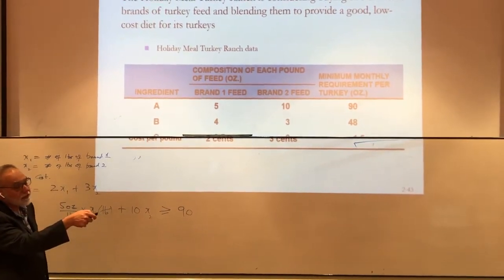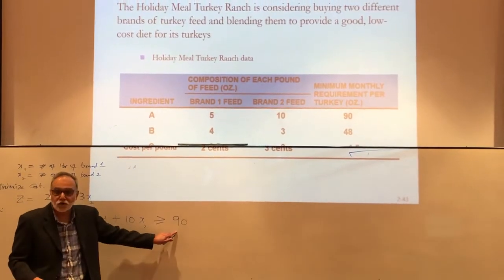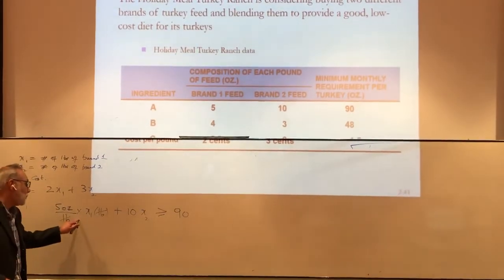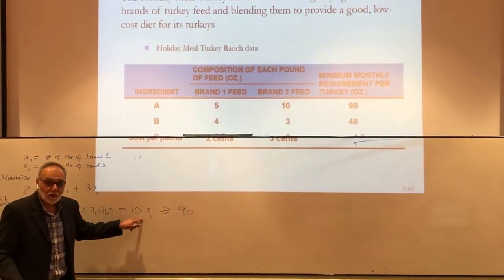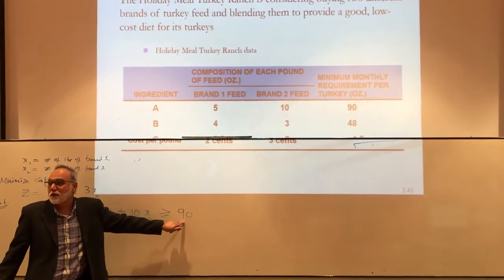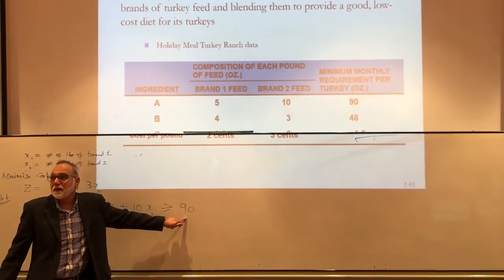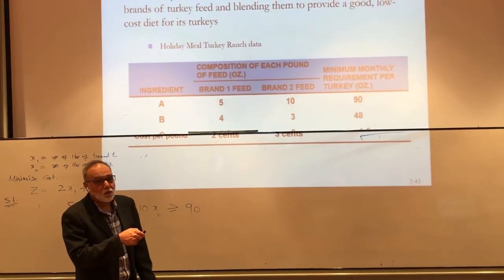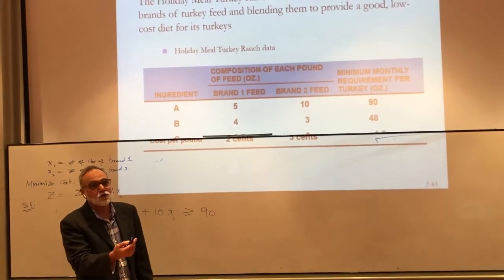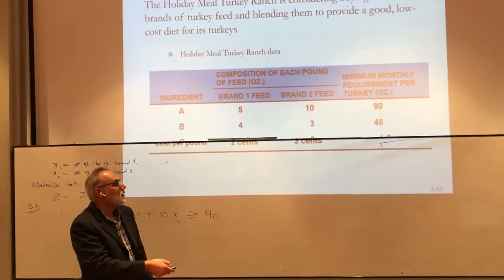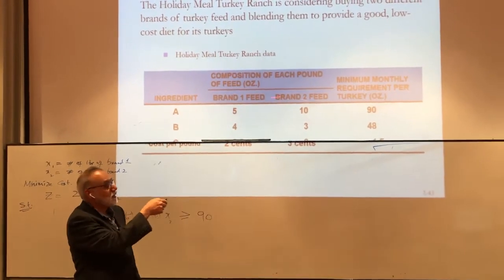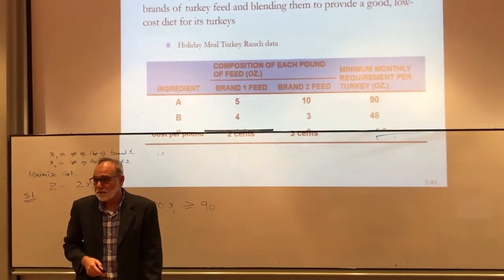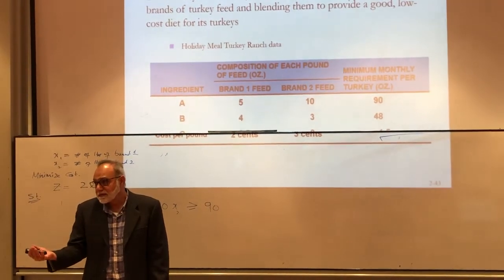The right hand side of the constraint is also in ounces. This one will be in ounces, this one is in ounces, and also this one is in ounces. If the right hand side is given in pounds, we have to convert the right hand side into ounces, or we can convert this into pounds by dividing it by 16.